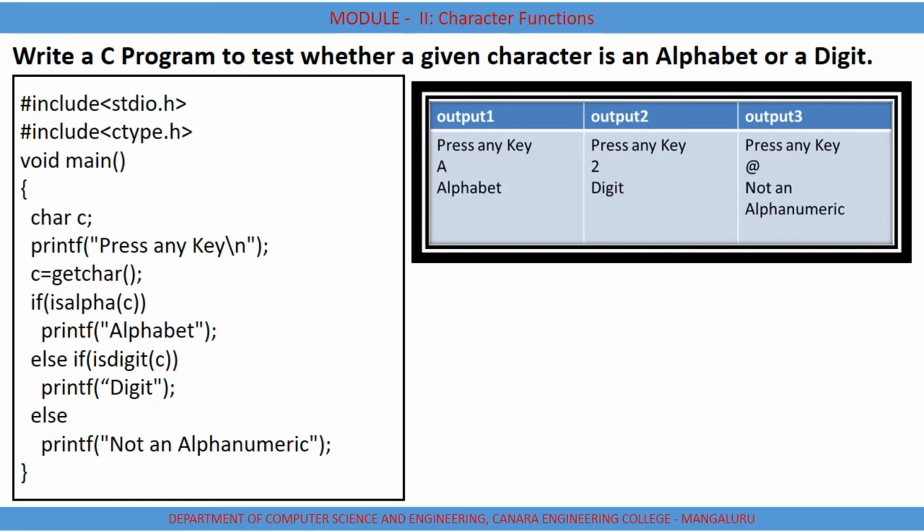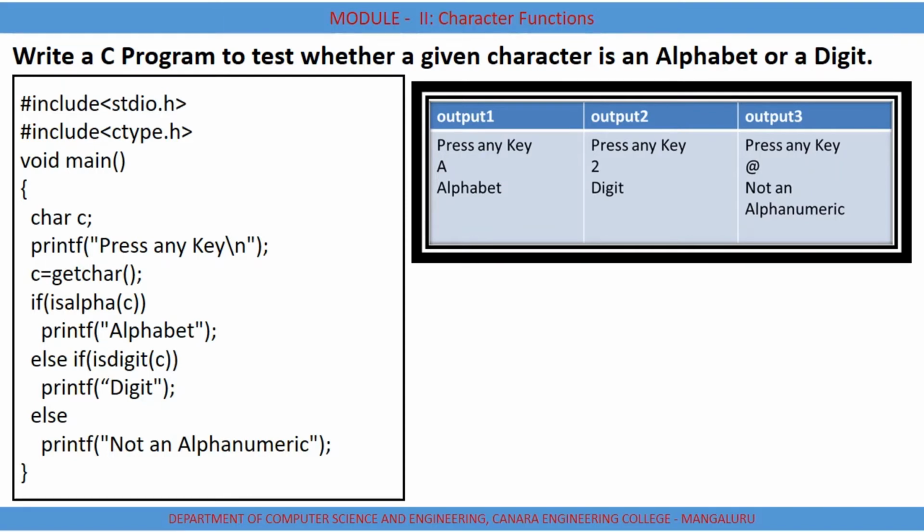In the if part we have given a printf statement "alphabet", indicating that whatever input the user has given is an alphabet, and that will be displayed as the result. Now if the user input is not an alphabet, then isalpha of c will return false and the control will not go inside the if part. So it will move to the else if part.